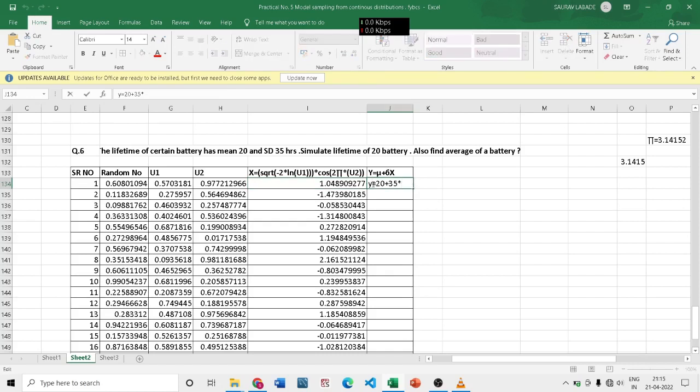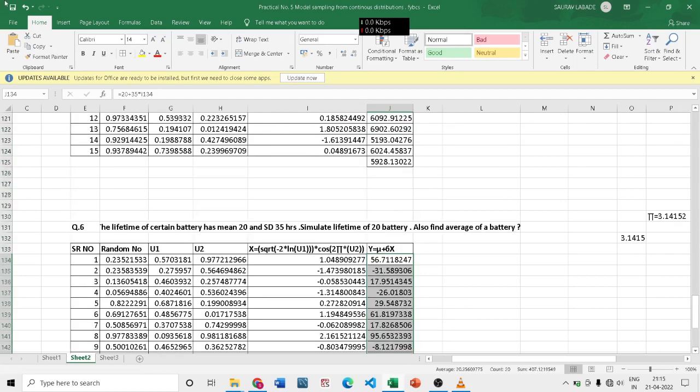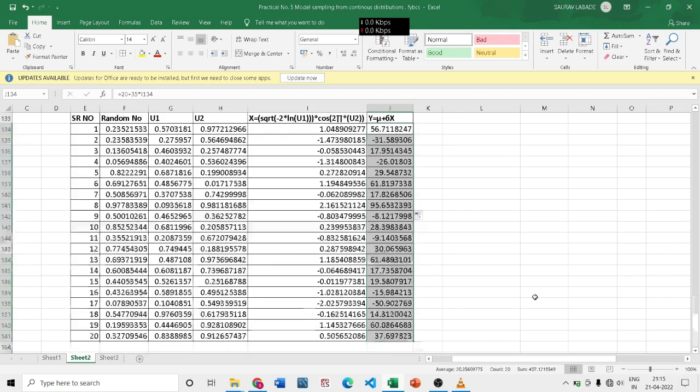And enter. Now drag all the values again and find out the mean. In this case, what is it.